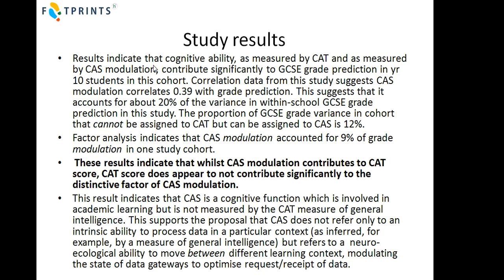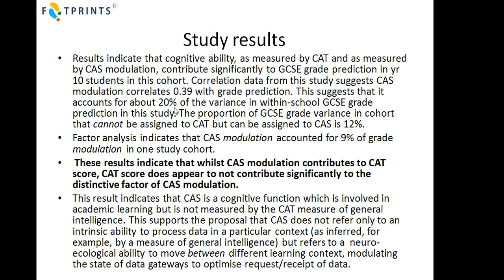And what we found was that there was a significant contribution of CAS modulation score, that CAS rank score, the ability to optimally adjust one's CAS state, with predicted GCSE grade in year 10 students. We found a correlation of around 0.39 with grade prediction, which accounts for roughly 20% of the variance in within-school GCSE grade prediction within that particular study.